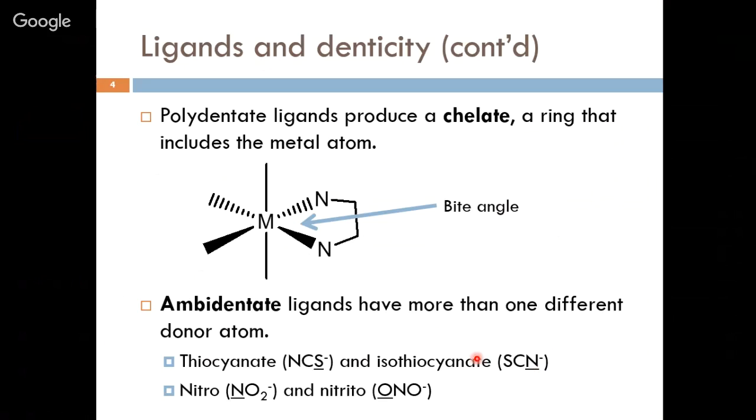Even though these two have lone pairs at both ends, the compound is so small that it can't bind at both ends at the same time. So it isn't polydentate. It's ambidentate, though, because it can bind at either end. Nitro is NO2 minus binding through the nitrogen, and nitrito is the same ligand but binding through the oxygen end.